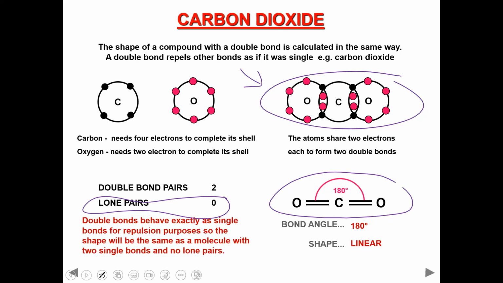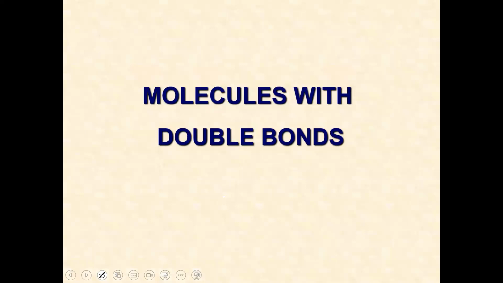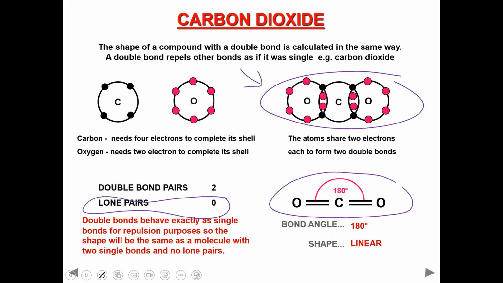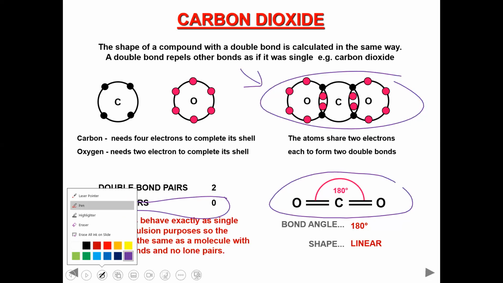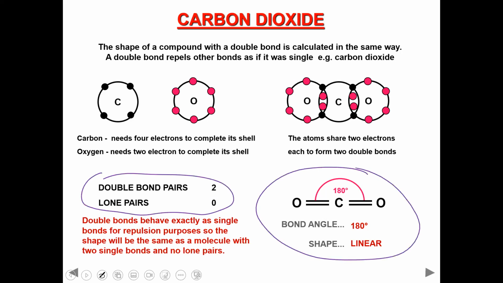So now give a heading, molecules with double bonds. Okay. And then give a heading, carbon dioxide. And copy only the circles I am making.